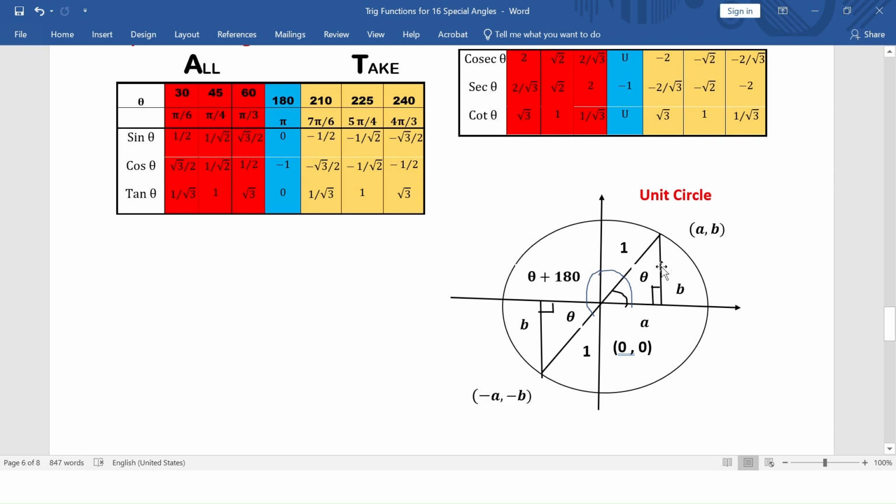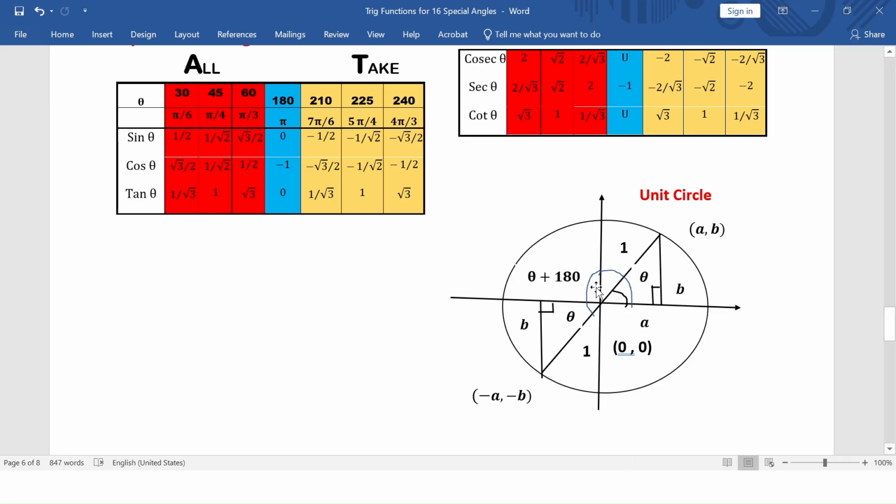All are positive here; sine is also positive here, that's the S of students; tangent is also positive here; and cosine is positive here because it's on the right-hand side of the y-axis. Here and here cosine is positive, and here and here sine is positive.